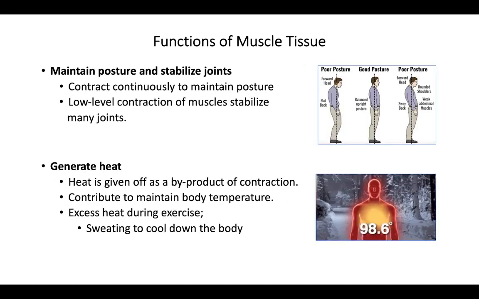Another function of muscle tissue is maintaining posture and stabilizing joints. Skeletal muscles constantly maintain tone, which keeps us in sitting or standing postures. If we look at this figure, the left posture is not good posture. The third one is also poor posture. But in the second one, you just make your vertebrae upright.